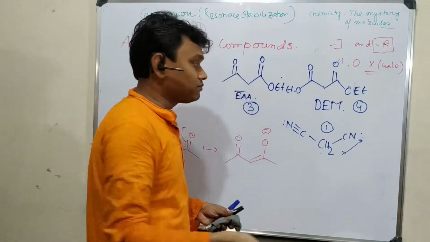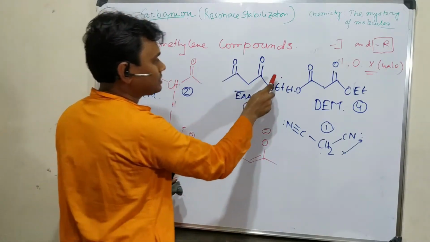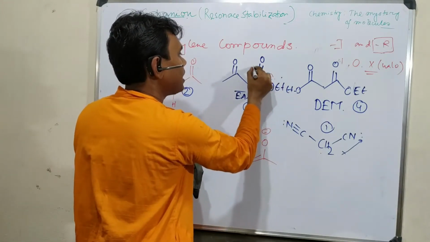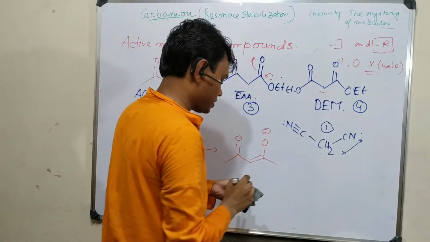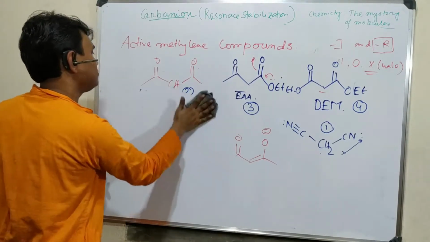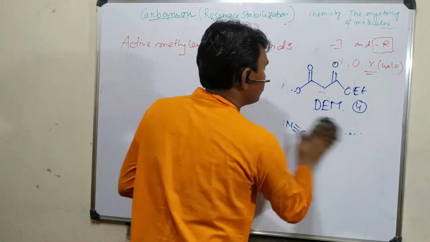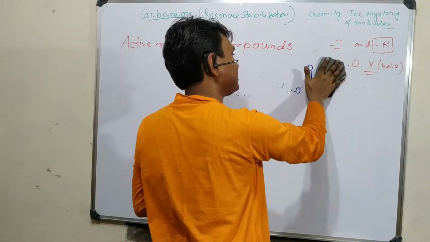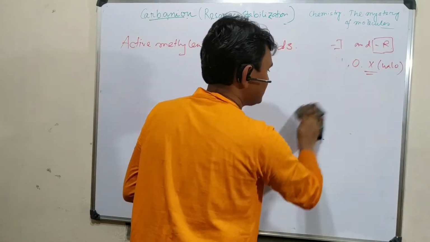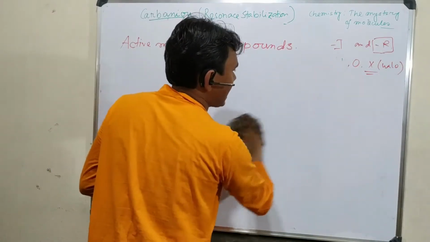Second is acetyl acetone because of two carbonyls. Third is the one with one carbonyl and one ester, because the ester has one cross conjugation, while the diester has two cross conjugations, so this is the order. Please keep this in mind. An MCQ could be given asking which of the four active methylene compounds is the most active, or to arrange them in order of acidity or proton donation capability. So this is about active methylene compounds.